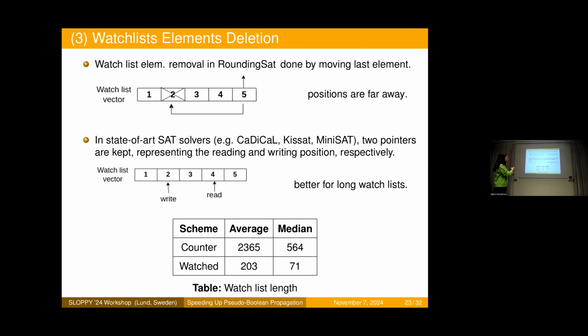In some SAT solvers, you have 2 pointers, for example, you are reading from this position, and at the same time, you are reconstructing this watch list by rewriting the remaining elements. So the problem here exactly happened in counter propagation.